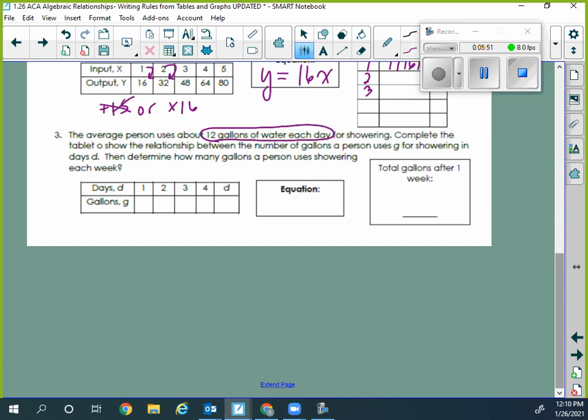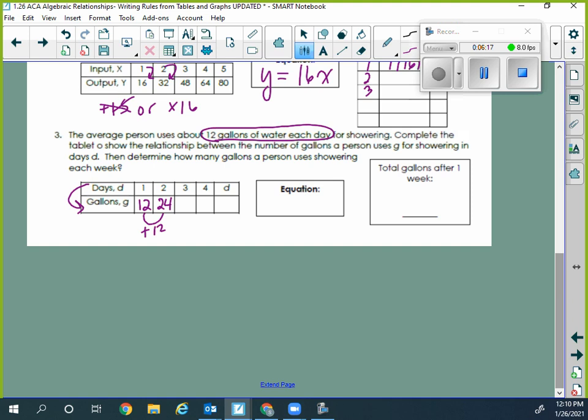So that means on the first day, how many gallons will they have used? 12. So I can fill that in right here, right? So then on the second day, how many gallons will they have used? 24. And guys, how are you getting that? Well, I was just going to say, you just told me plus 12 right there, but we know when we make an equation, we're supposed to go from our input to our output, okay?